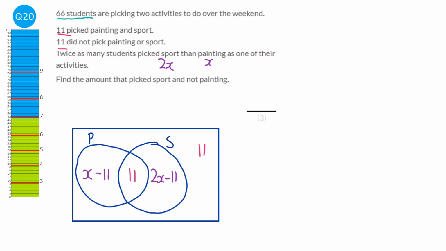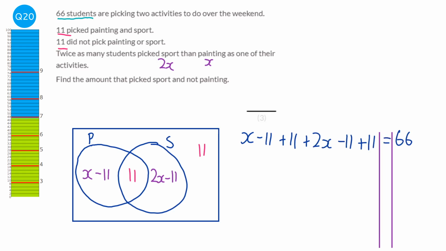So what we can do now is add up all of the parts of the Venn diagram and get it equal to 66. So x minus 11 plus 11 plus 2x minus 11 plus 11, and all of that will equal 66. This is going to be some solving. Now here we've got x plus 2x, which is 3x.